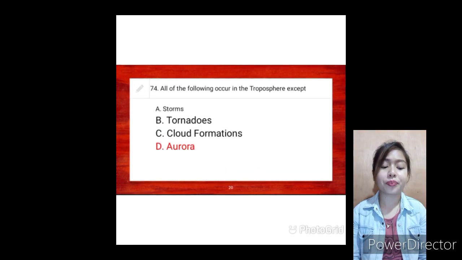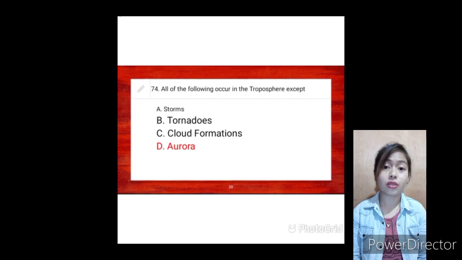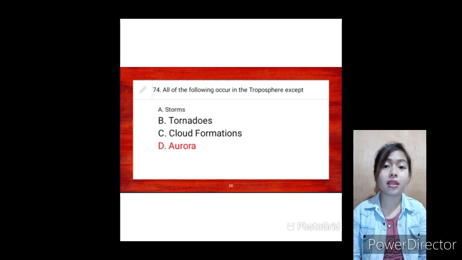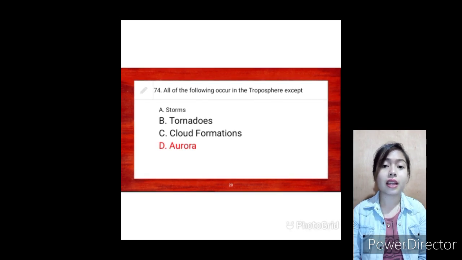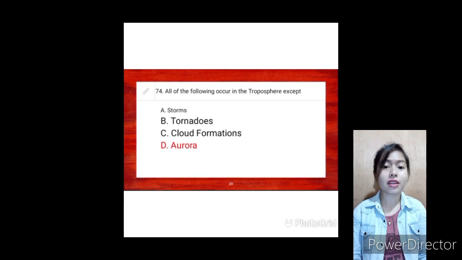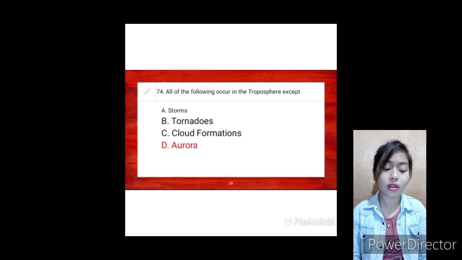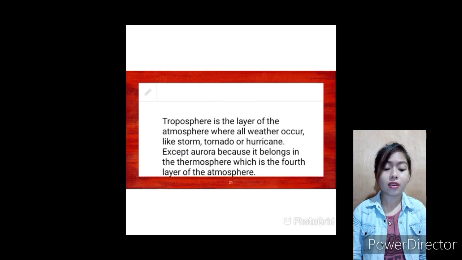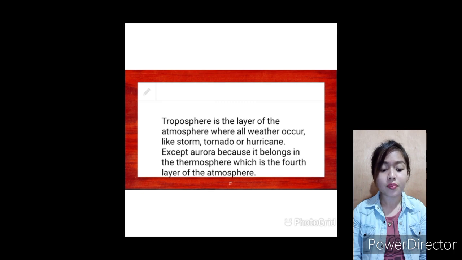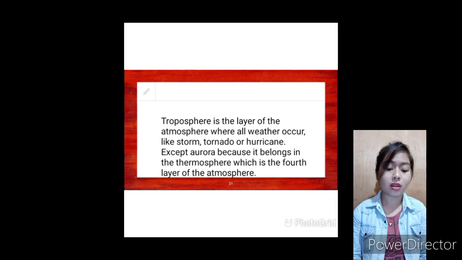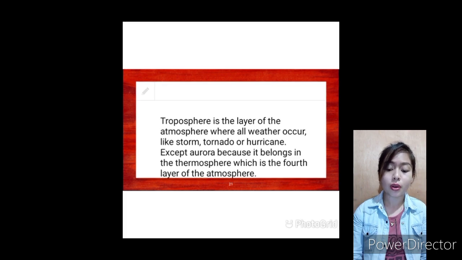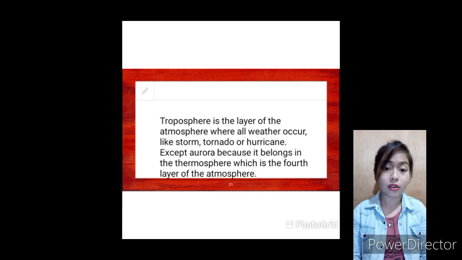Number 74. All the following occur in the troposphere except letter A, storms, letter B, tornadoes, letter C, cloud formations, letter D, aurora. My answer for this is letter D, which is aurora, because the troposphere is the layer of the atmosphere where all the weather occurs, such as storms, tornadoes, or hurricanes, because almost all of the water vapor is located in here.